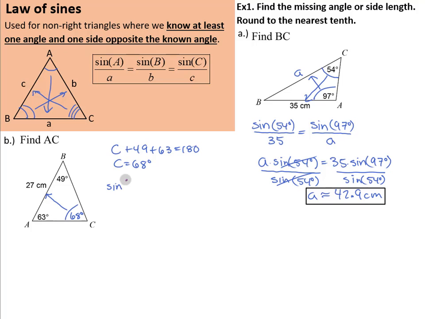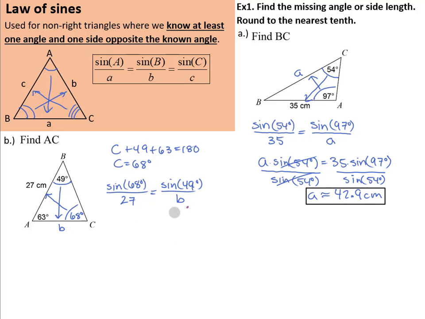Sine of 68 degrees is to its opposite side, 27 centimeters, as, and it's asking me to find AC. So this length here, which is opposite B, we could call this lowercase b. So we're going to say sine of that angle, 49 degrees, to our missing length b, or x, or whatever you'd like to call it.